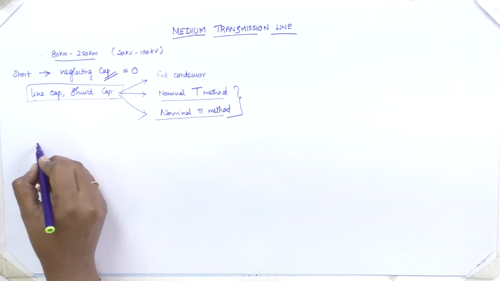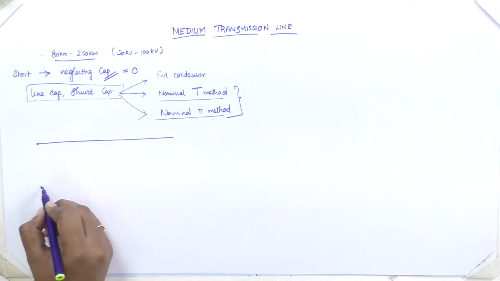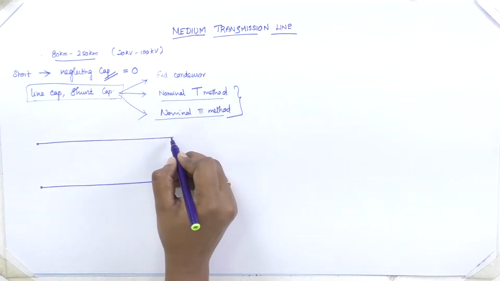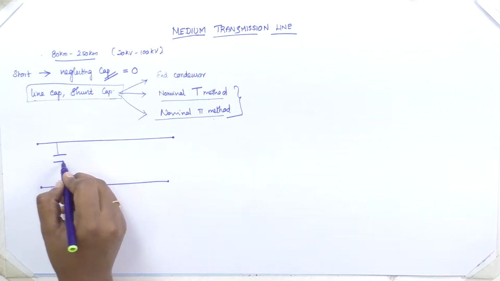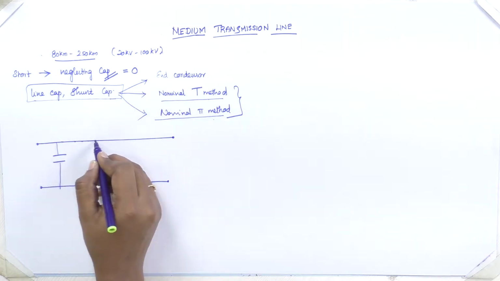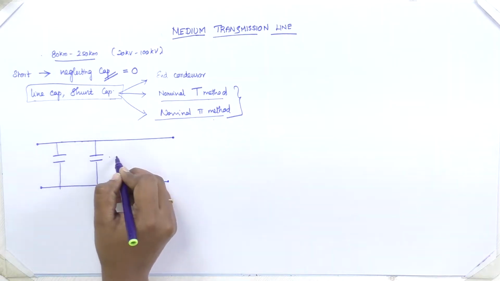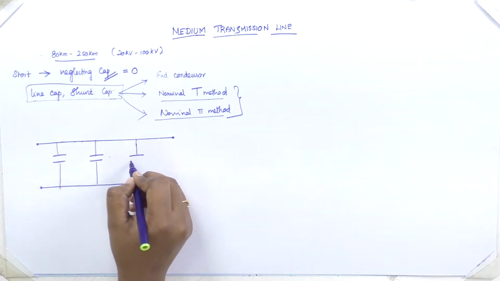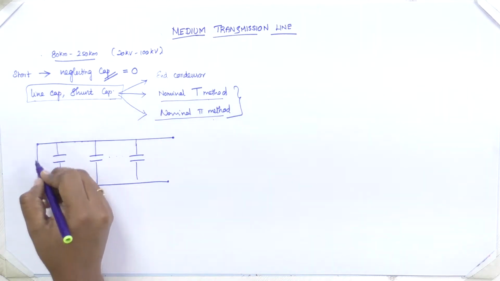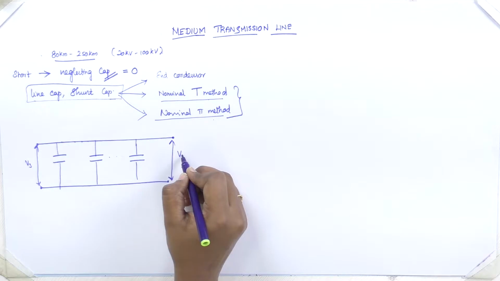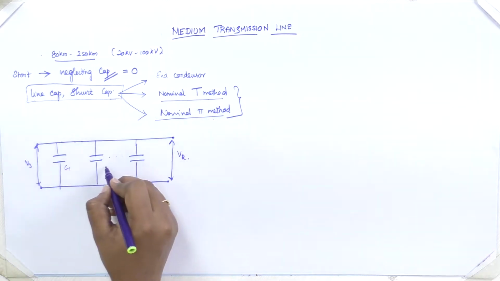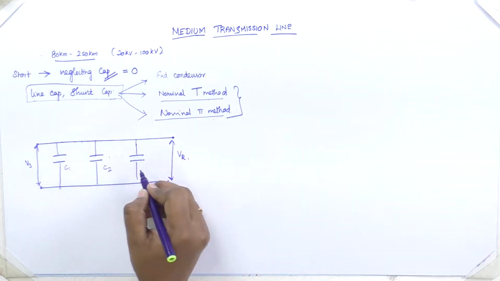If we consider a transmission line from the sending end to the receiving end, the capacitance effect will be there all along. This is the sending end voltage Vs and this is the receiving end voltage Vr. The capacitance may vary from the sending end to the receiving end.